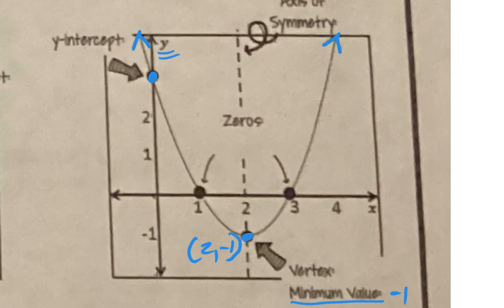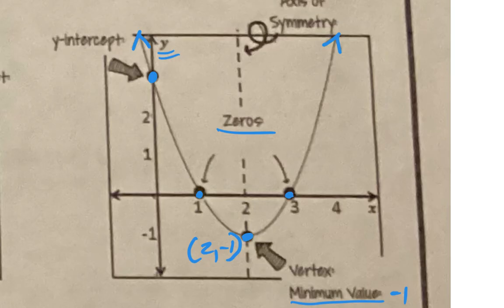On my x-axis, where I cross the x-axis, those are my x-intercepts, but also we know those to be zeros, because again, the y value is 0. If I wanted to solve for this, I would set y equal to 0, and then I can solve for x. In this case, I would find that x is 1 or it is 3.